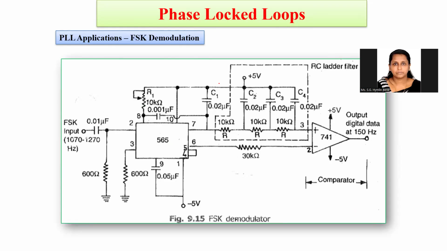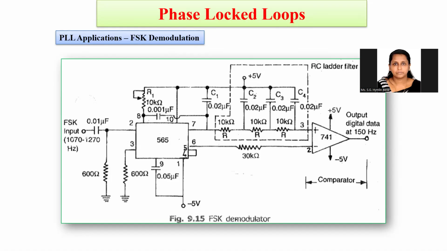The 565 PLL is very useful as an FSK demodulator. This FSK demodulator using PLL is an application for teletypewriter signals of 1070 Hz and 1270 Hz. As the signal appears at the input, the loop locks to the input frequency and tracks it between the two frequencies with the corresponding DC shift at the output.